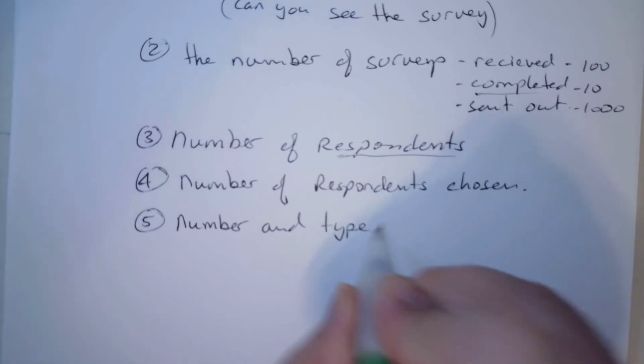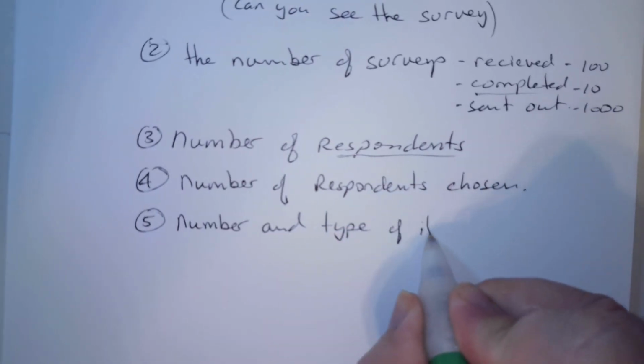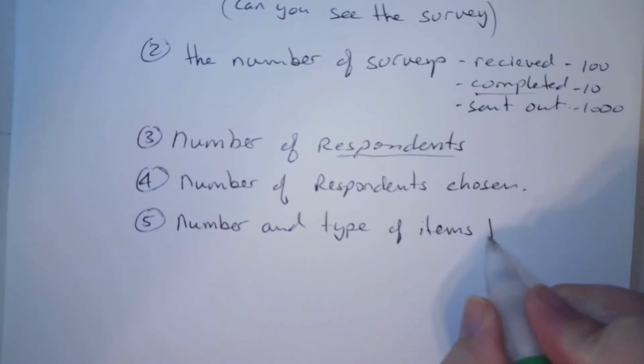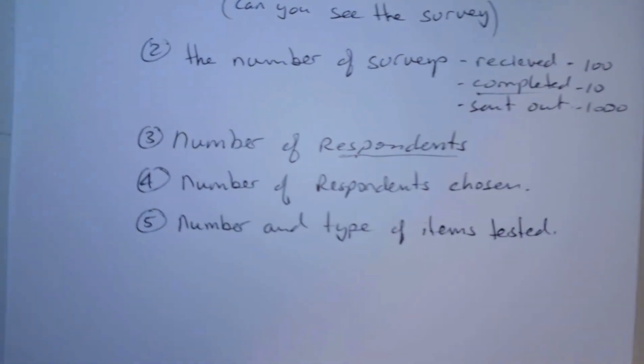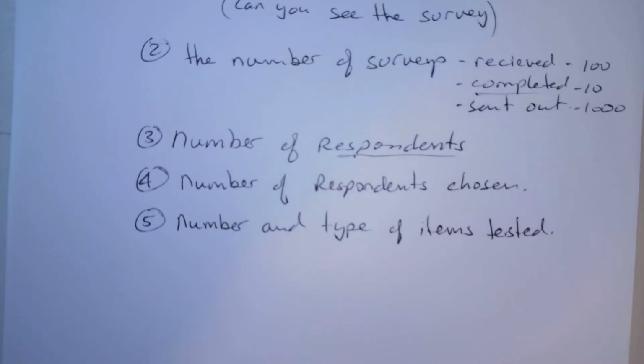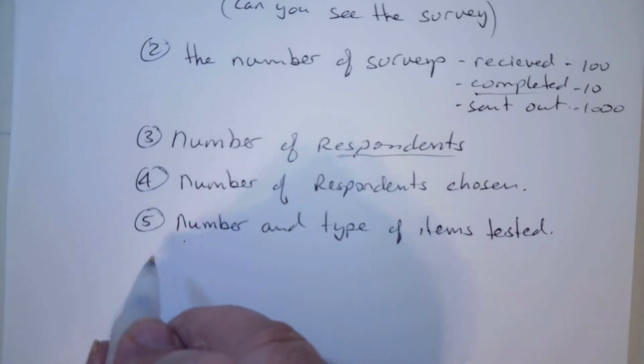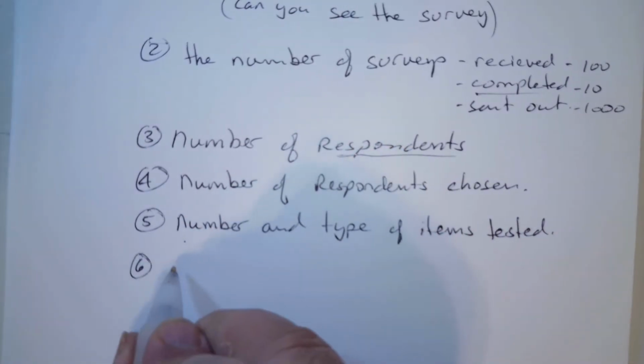Number and type of items tested. Like toothpaste. Did you only compare it against one toothpaste or one similar item, or is it different? So you have to know how was the test, what items were compared to make that claim.